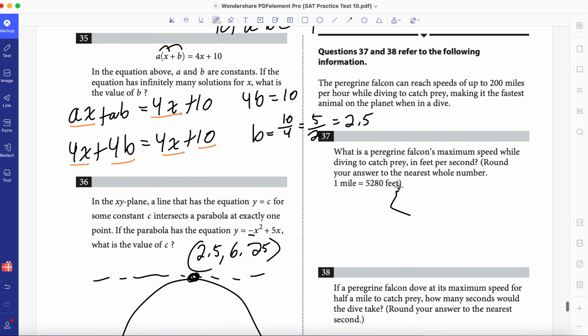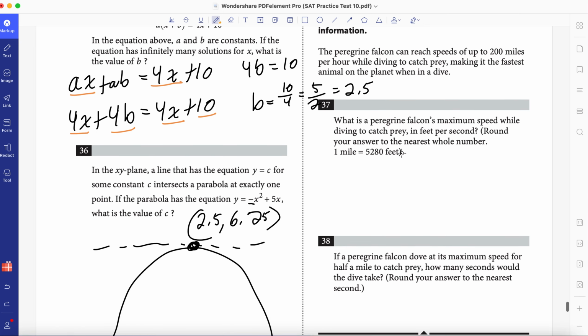And then for this one, okay. It goes up to 200 miles per hour while diving to catch prey. What is a peregrine falcon's maximum speed while diving to catch prey in feet per second? So I have 200 miles per hour. This is called dimensional analysis.